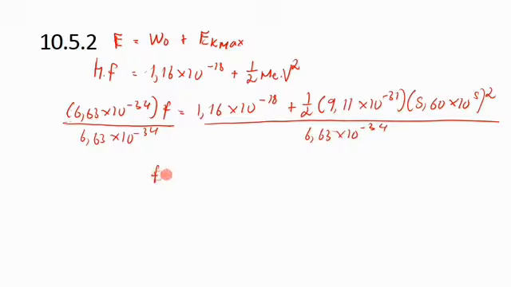Then if you punch all that in your calculator, you get that your frequency is 1.97 times 10 to the exponent of 15 hertz, right? And that's the frequency of the incident light that will emit the electrons from the metal surface.